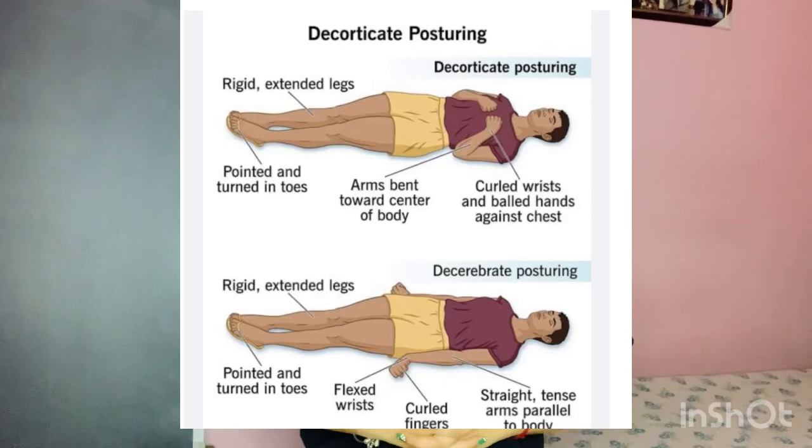Let's have a look at the decerebrate posture. What is happening in the decerebrate posture is the upper limb and the lower limb is extended. Okay, the arms are placed parallel like this, they are stiff and extended, and the forearm is pronated with the wrist in the flexed position like this, and the fingers are curled up.